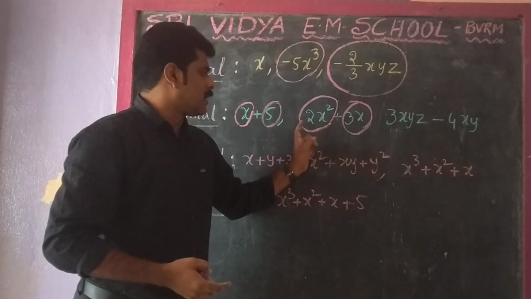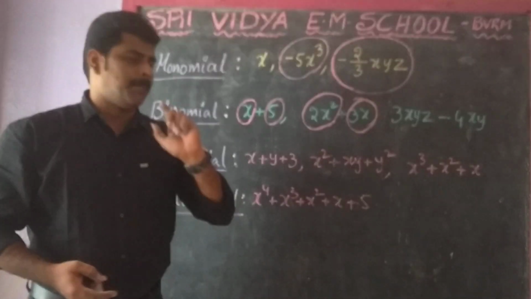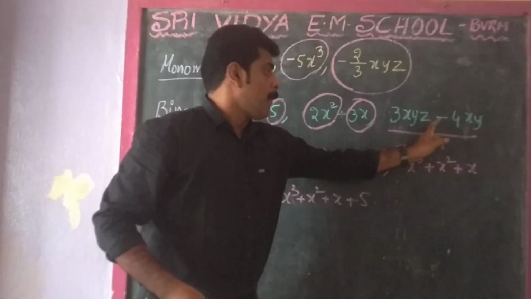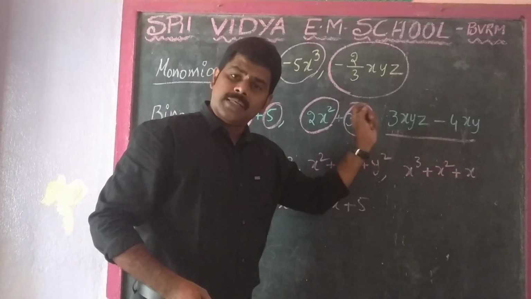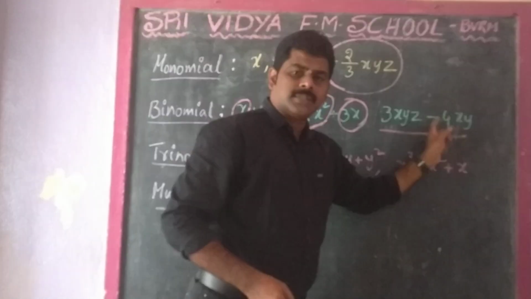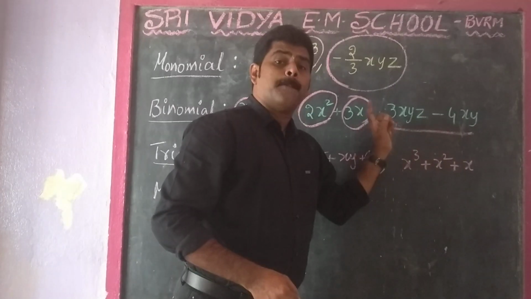So the expression 2x square plus 3x is also a binomial. And look at another one, 3xyz minus 4xy. 3xyz is a term, and 4xy is also a term. So two terms, so it is a binomial.